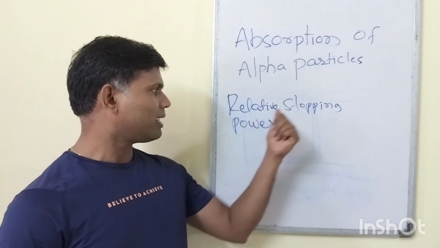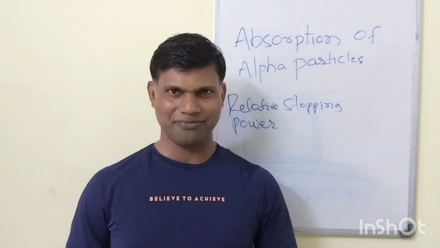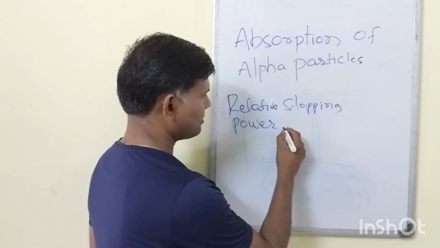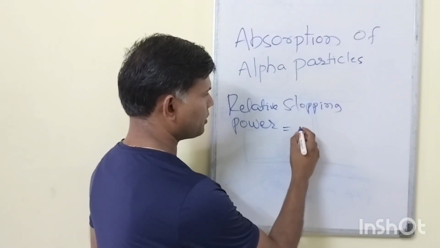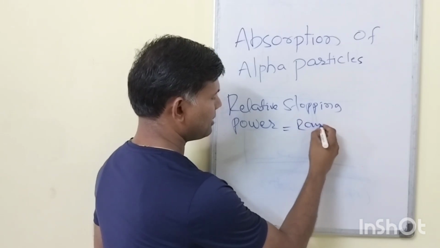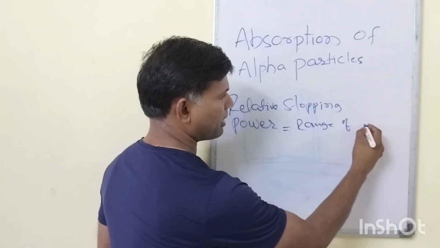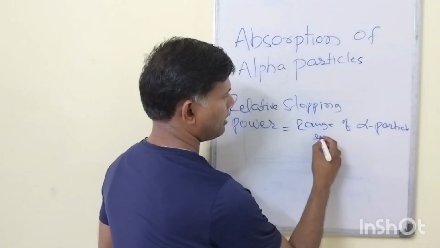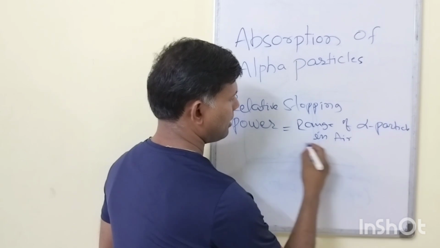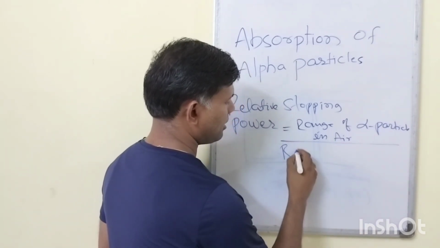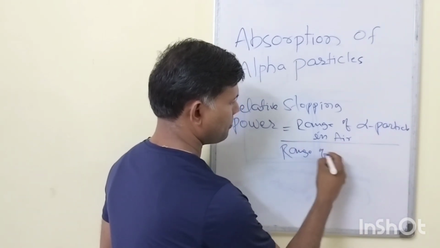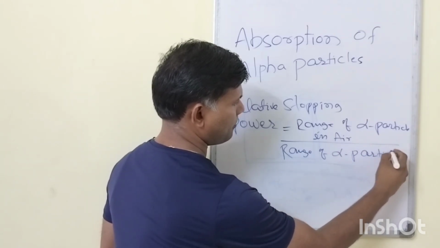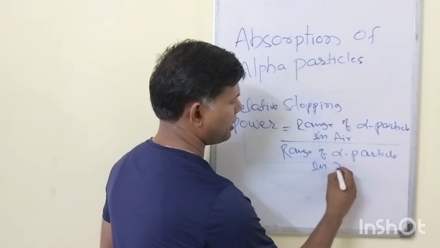So the relative stopping power of that medium we can write like this: relative stopping power is equal to range of alpha particle in air divided by range of alpha particle in medium.